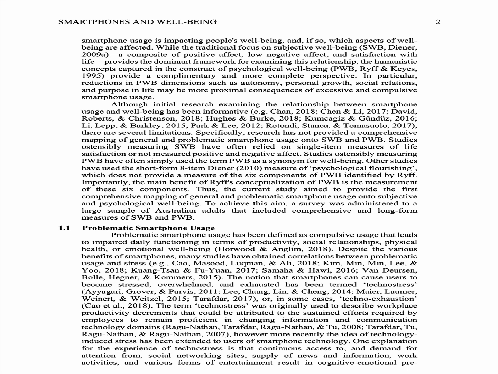Compulsive usage that leads to impaired daily functioning in terms of productivity, social relationships, physical health, or emotional well-being. That topic sentence is not coming directly, like a quote, from any one of those articles, right? It's a summation of all the articles. So that's what you're doing with the topic sentence.